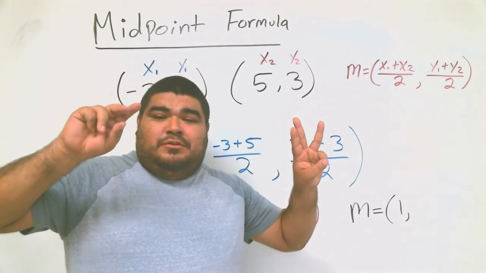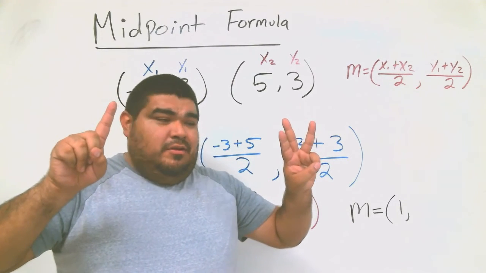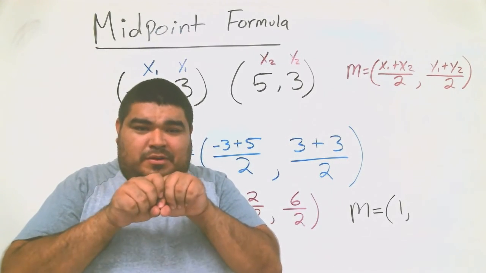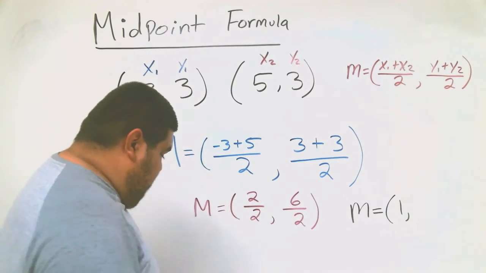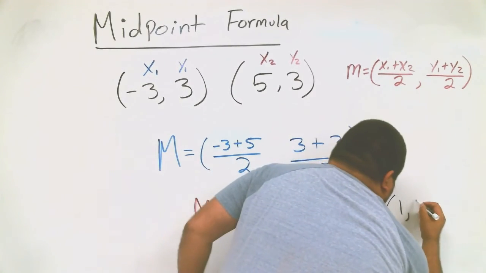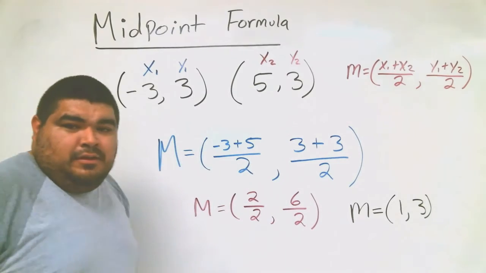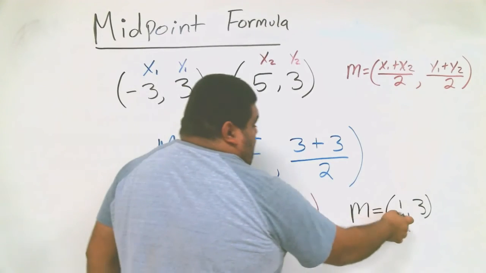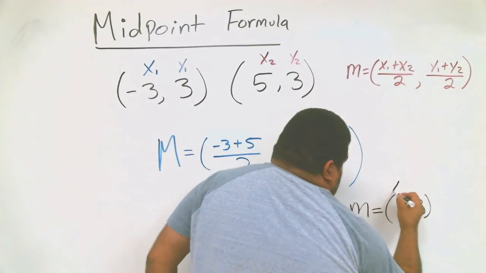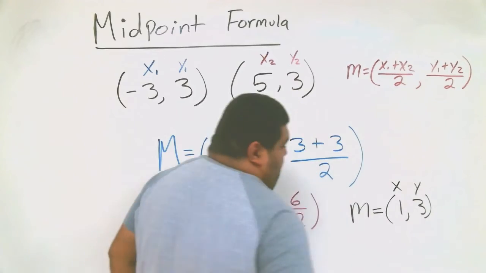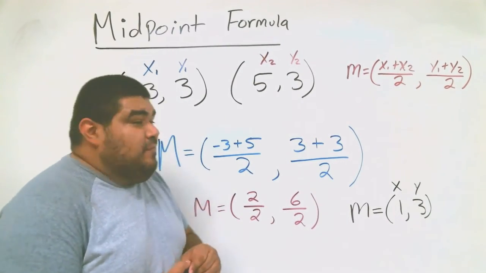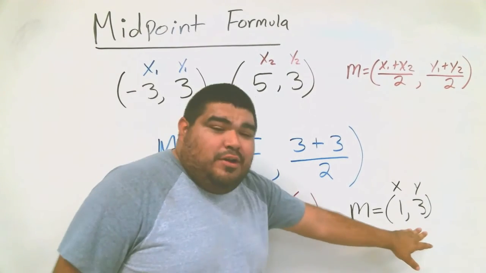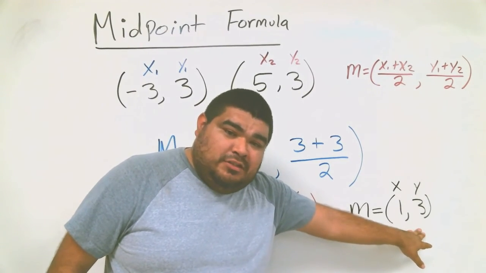If we get down 2 from here, that's 1 pair. And then we get 2 down from here, that's 2 pairs. And then we have together 1 more pair, right? So we have 3 pairs. So 3. So wherever these 2 points meet halfway, it's at 1 and 3. So x and y. So if we were to graph these points, the first one and the second one, the halfway to them would be located at 1, 3.